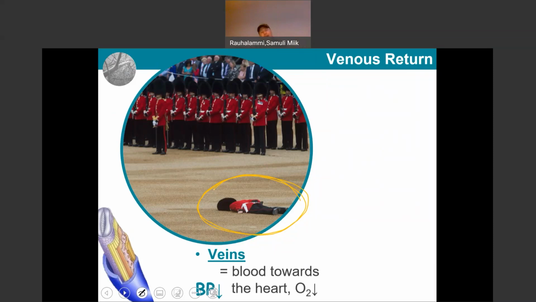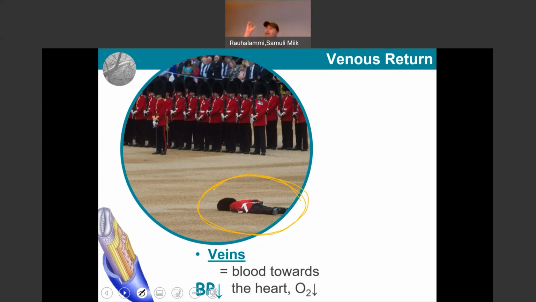Well, if we stop all that from happening, we're not getting blood back to the heart. And if we're not getting blood back to the heart, we don't have anything to pump out of there. And the first part that's going to be super sensitive if you're not getting blood back is the brain. So if blood supply to the brain is compromised, what happens? We need to somehow stop that situation from happening because the brain will get damaged really easily.